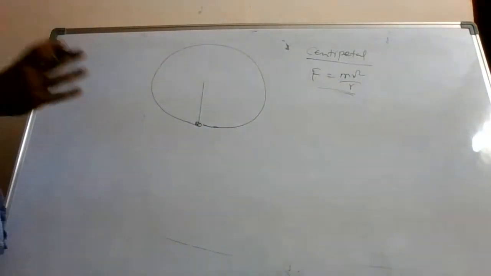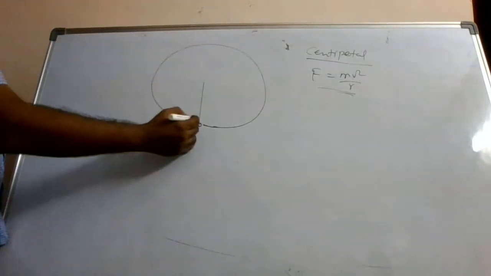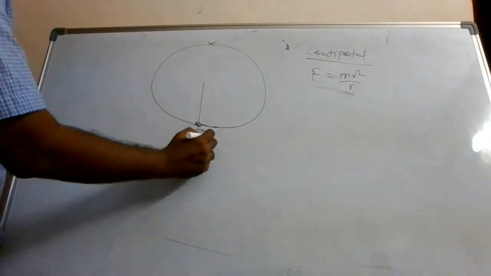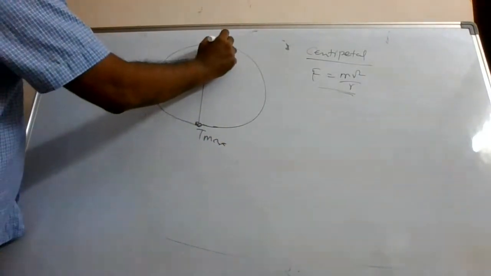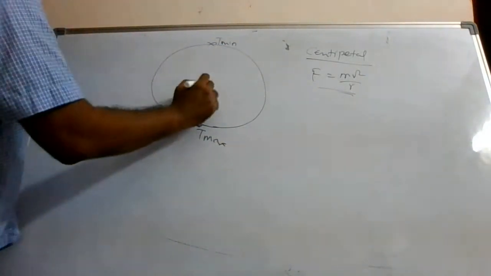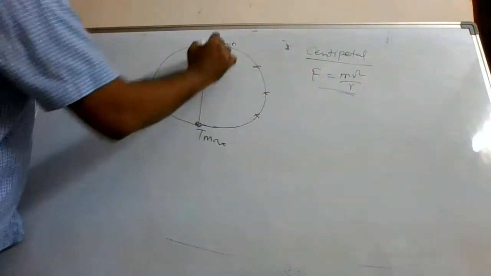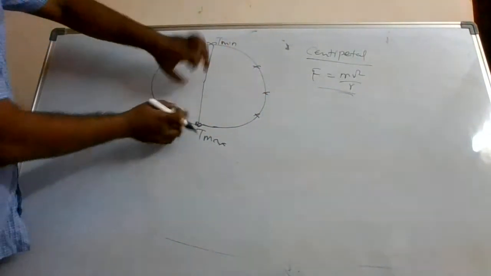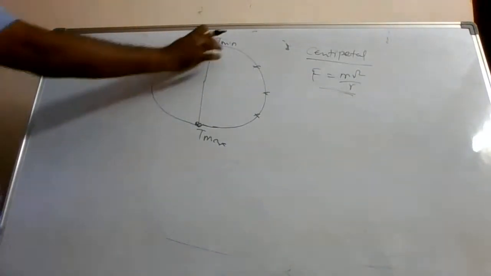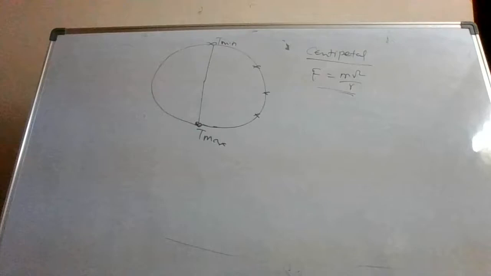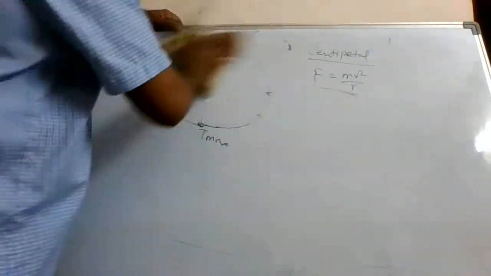And we have derived some expressions for the tension at the lowest point and the highest point. Here you will get T maximum, here you will get T minimum. So this is our first position, then here, then here, then here. The position of the string will be upwards, so here you will get the T minimum value. Now let us discuss some other points.